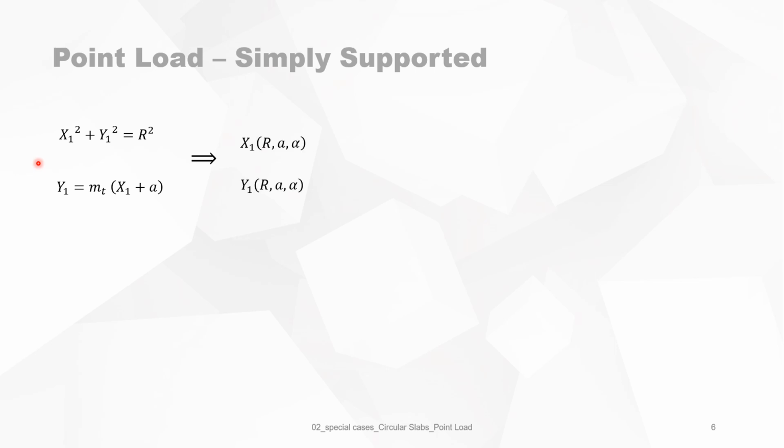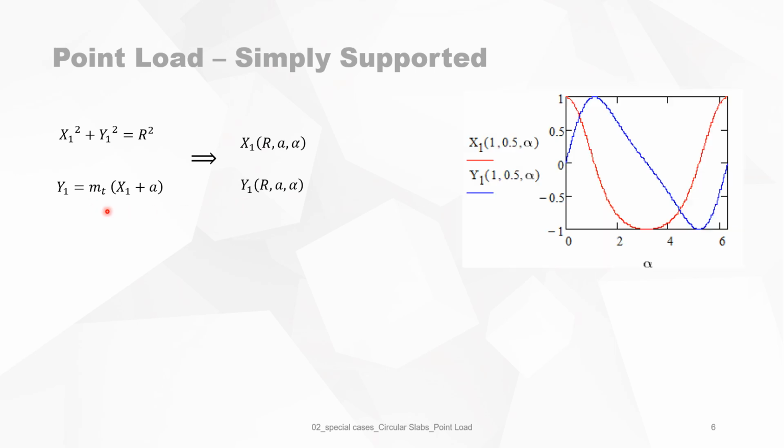We got those two equations. This is for the circle, and this is for the straight line. So out of those two, we find x1 and y1. This does not have a closed formulation. For certain regions of the slab you have to take care of the sign of the contribution to x1 and y1, but I've plotted it on a diagram with alpha in radians from 0 to 2 pi.